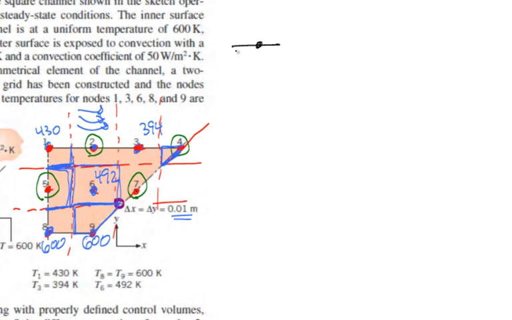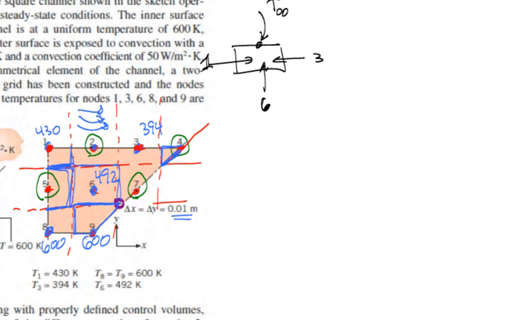I have some flow in from convection, some inflow from node 1, some inflow from node 3, and some inflow from node 6. The inflows from 1, 3 and 6 are all conduction, and the inflow from T infinity is convection. I don't have any heat source, so I don't have to find the volume to multiply by Q dot. But if I needed to, I'd have to get the volume and then multiply by Q dot.